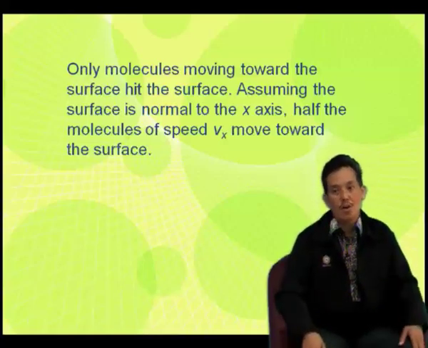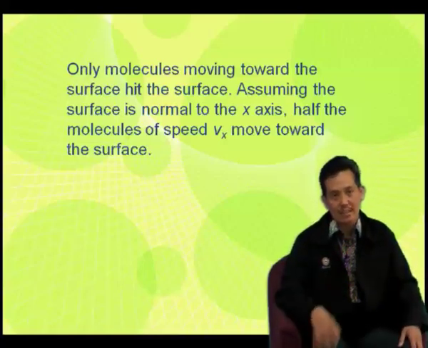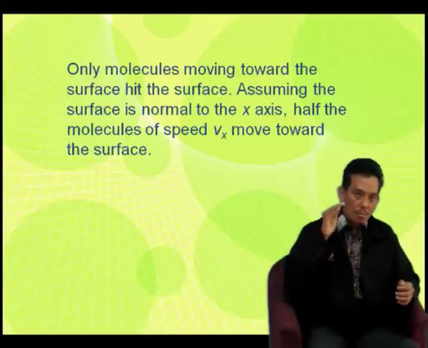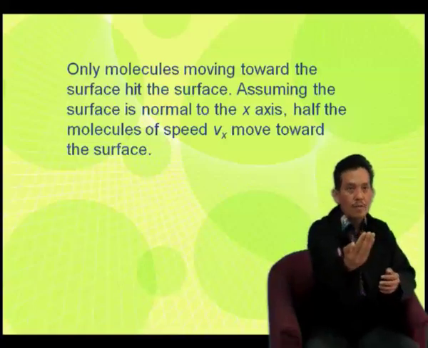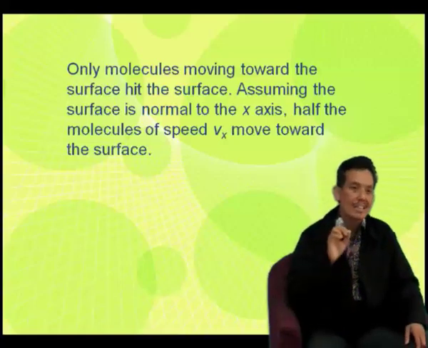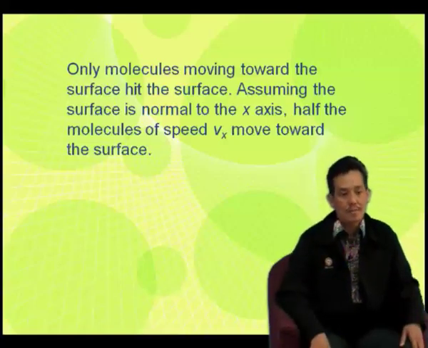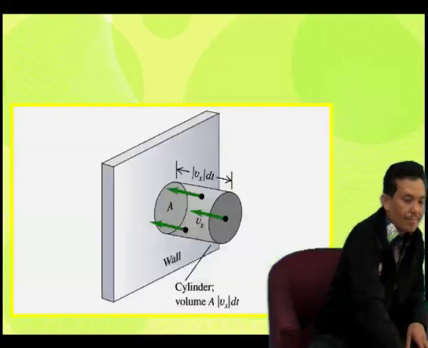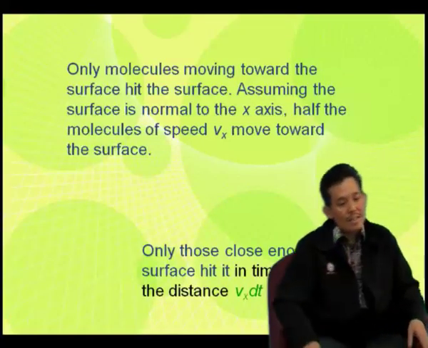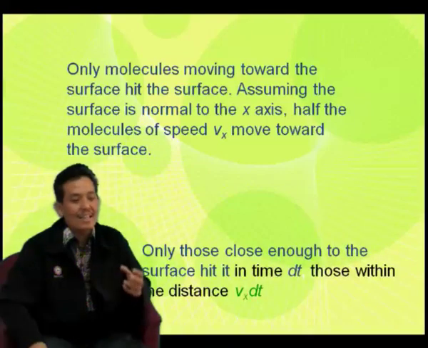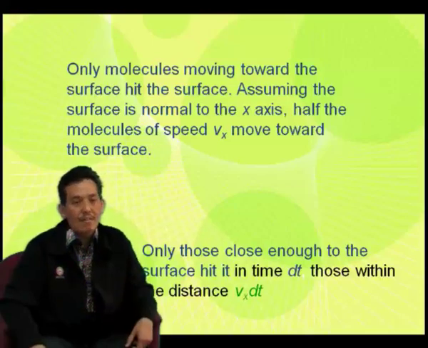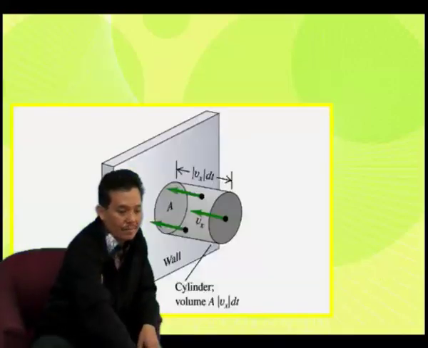So the speed we call Vx, with index x. And because they move toward and move away from the surface, we count that the number of molecules hitting the surface is only half. Only those close enough to the surface hit in time delta t, those within the distance Vx times dt.